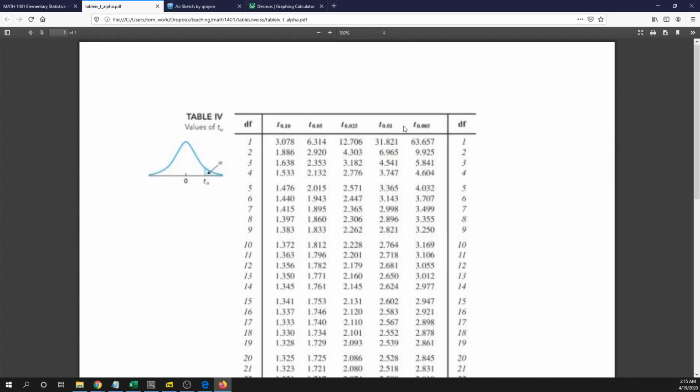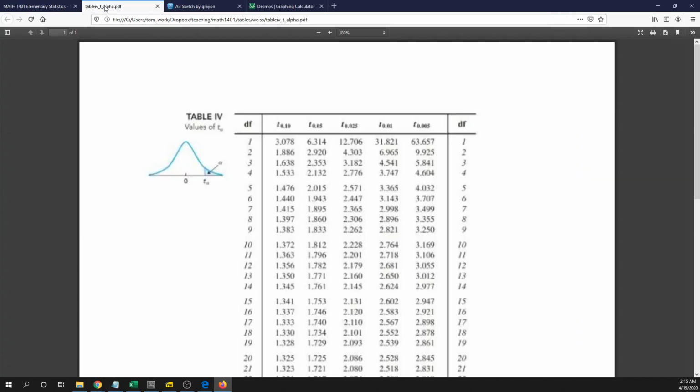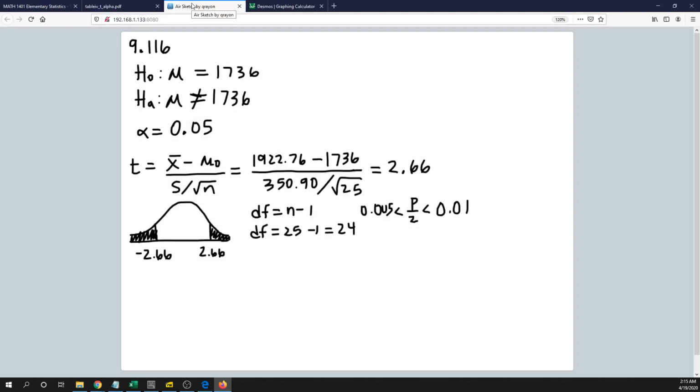And so what that means is that half of our p-value, because it's a two-tailed test, is going to be between 0.01 and 0.005. And that is only this right part over here.